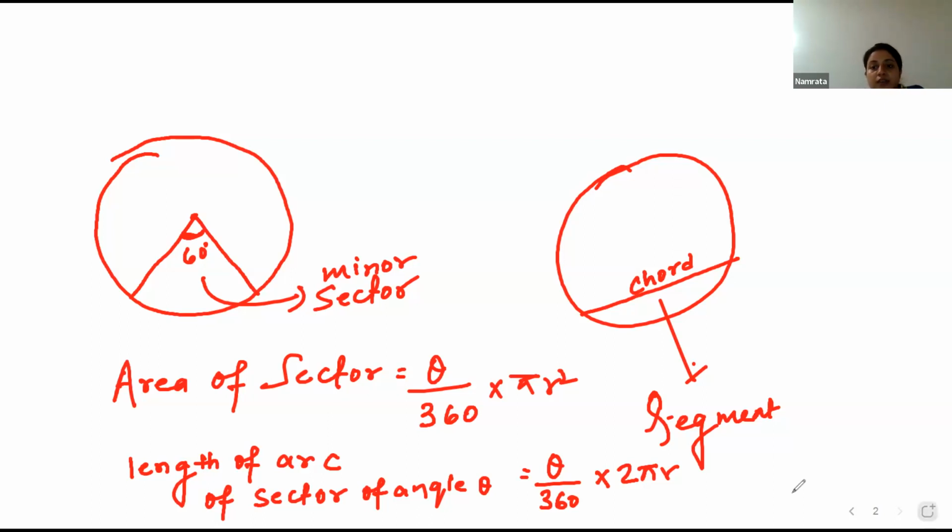Now let's start with the question. So here the first question says, find the area of sector of a circle. I'm drawing the circle only. This circle sector's area we have to find with radius 4 centimeter and angle 30 degree.